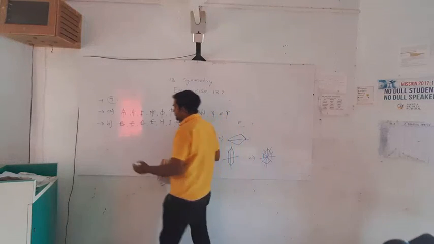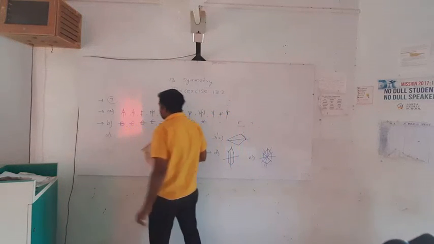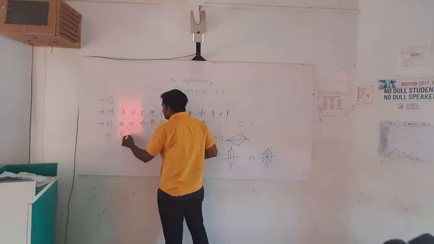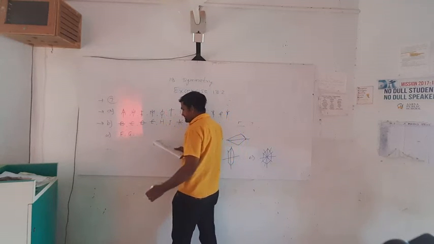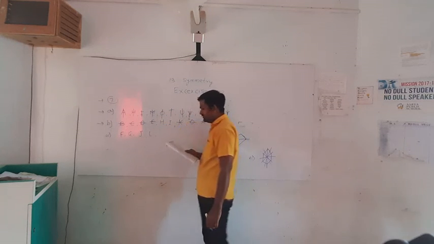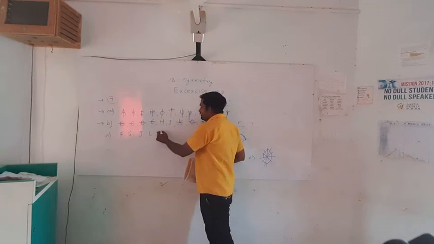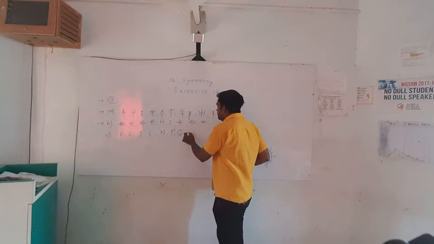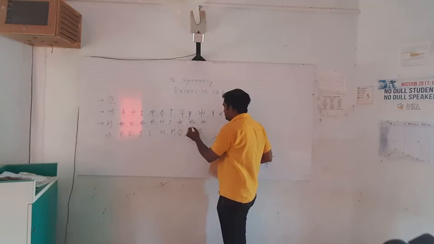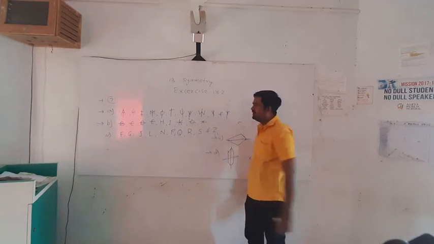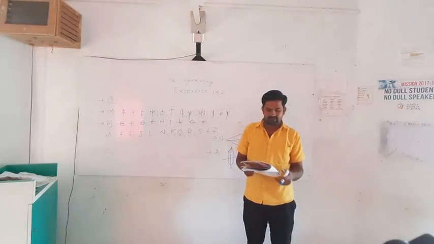And no line of symmetry: the remaining letters which remain are F, G, yes, J, L, N, P, Q, R, S and J. These have no line of symmetry.